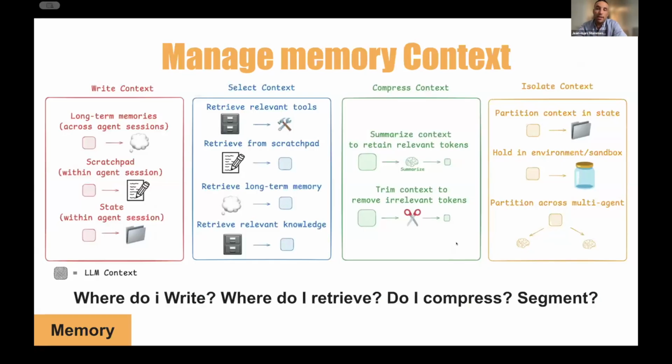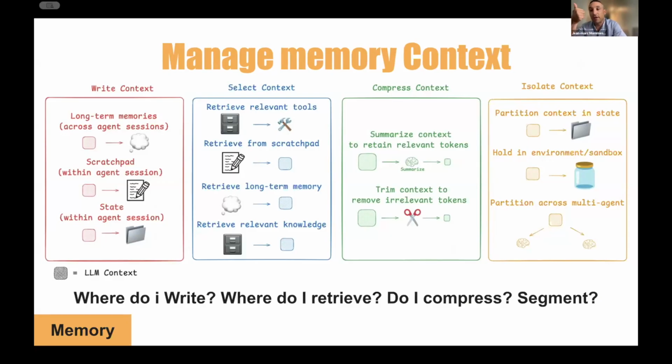So this is what LangChain proposes for context. It says, wait a minute, maybe I should first think about what I store in memory. So what do I write to memory, and then where do I write it? They could be different memories. There's the long-term memory, and there's the scratch pad, which is within the session or even within the agent. So there are different layers of memory that you can write to.